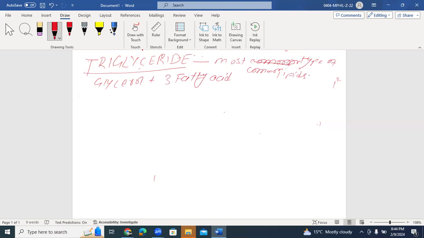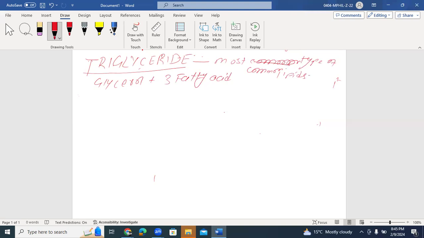Now first we will make a glycerol here. You should remember the structure of glycerol, which we have studied in our previous lecture.